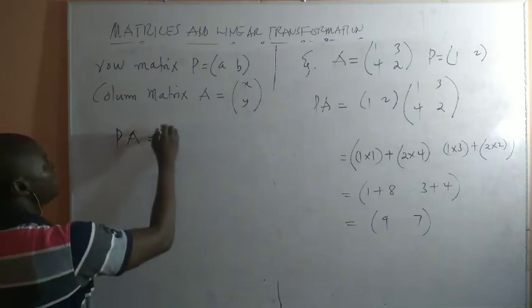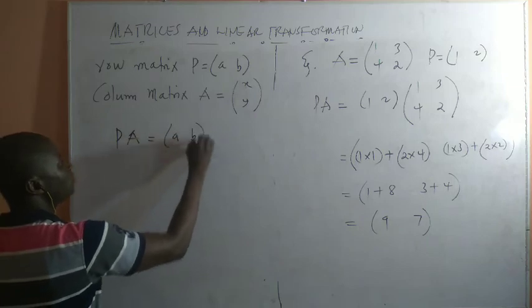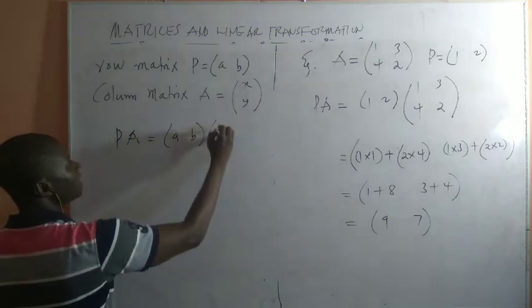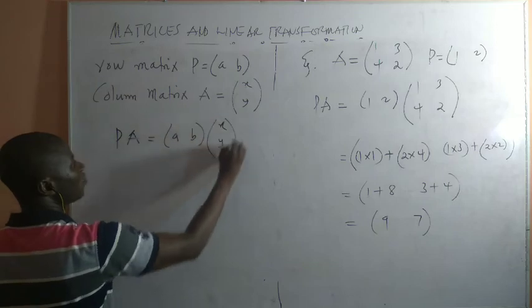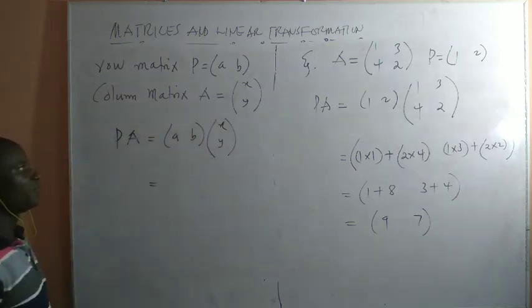Now the row matrix P is A, B, and the column matrix is X, Y. Now how do we simplify this?